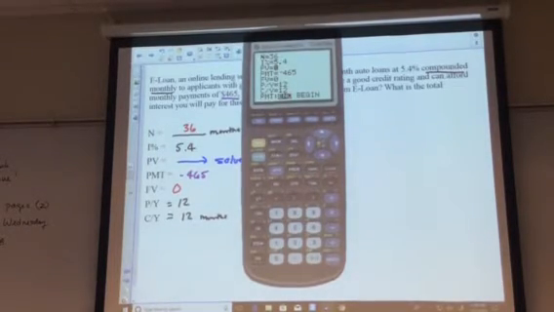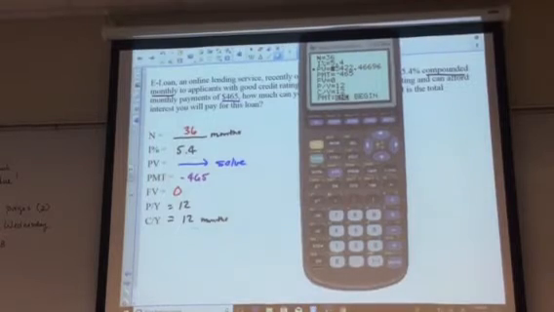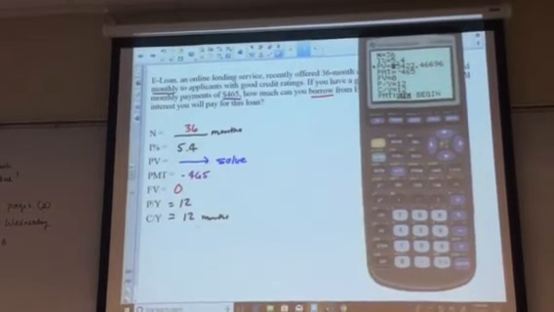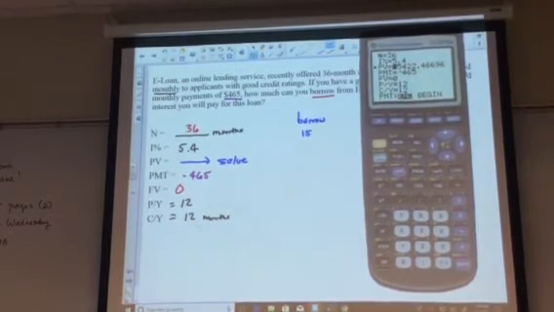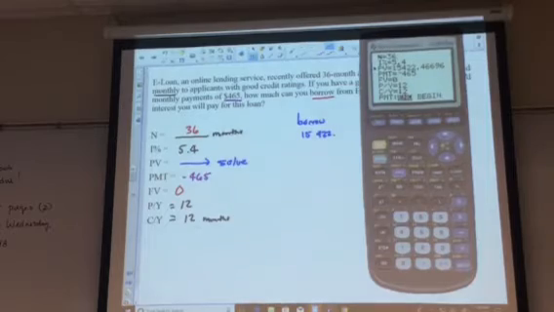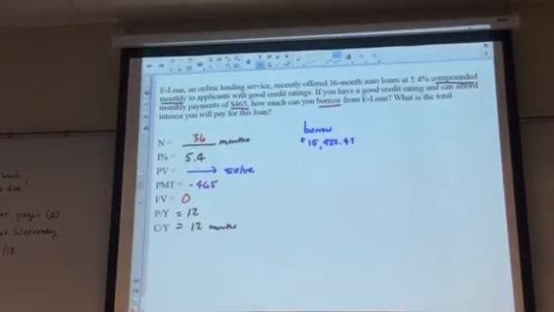So we return to PV because that's the value that we're solving for. Launch the program, and it tells us that you are a good credit rating, so you will be able to borrow $15,422 and change. That's what you can afford to borrow.